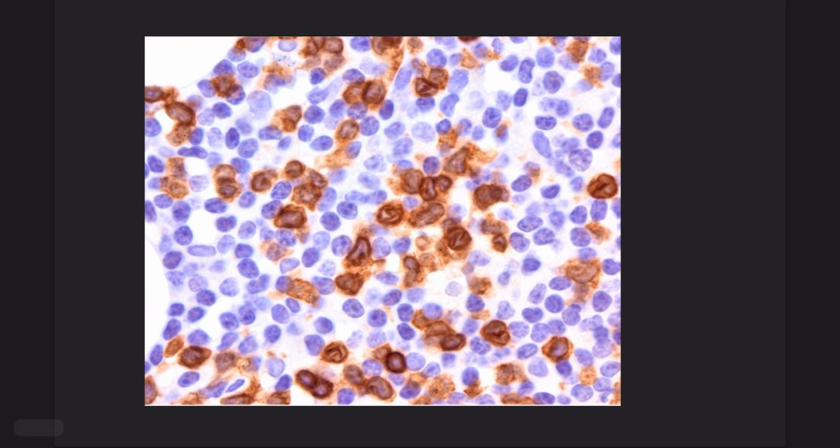So this is the IHC staining. Since it is a T cell lymphoma, the T cell markers are CD2, CD3, CD28; these are characteristic of T cells. Here, this is CD3 positivity. This CD3 stain shows positive cells, the atypical lymphocytes.